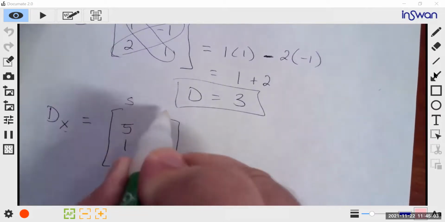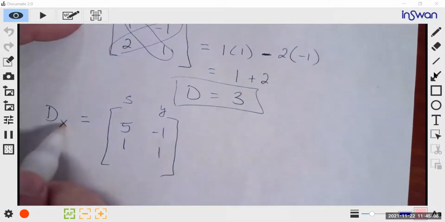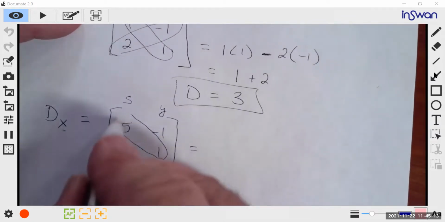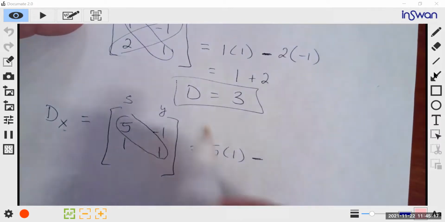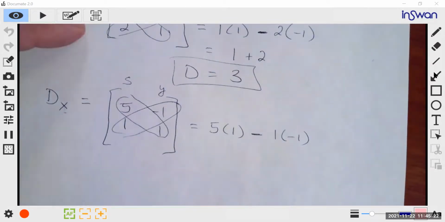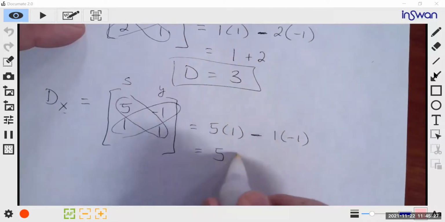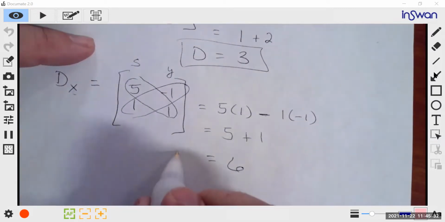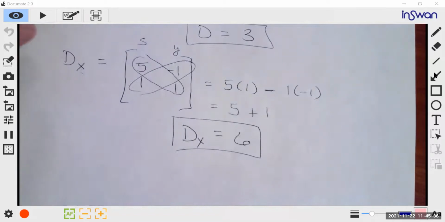Because I'm looking for the x, I need to have that part. Again, it's this multiplication, 5 times 1, minus that direction. Negative and negative is a positive 1, so it equals 6. So my d sub x is 6.